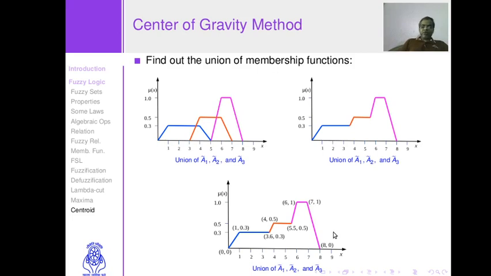So in total we have 7 sub-regions. For the first sub-region the limit varies from 0 to 1. For the second segment the limit varies from 1 to 3.6. For the third segment it is 3.6 to 4. For the fourth segment it is 4 to 5.5, and for this one it is 5.5 to 6. Here it is 6 to 7, and here we have 7 to 8. In this way the limits vary for the integration operation.